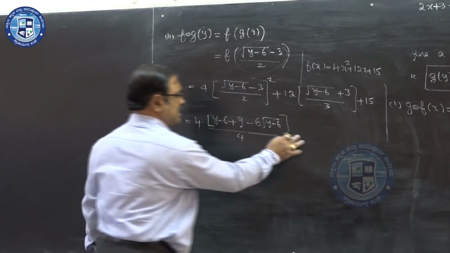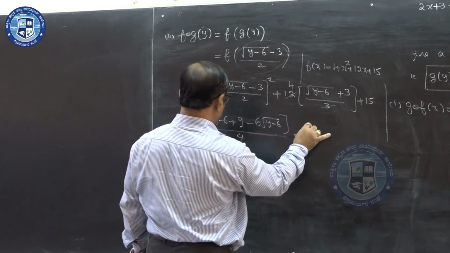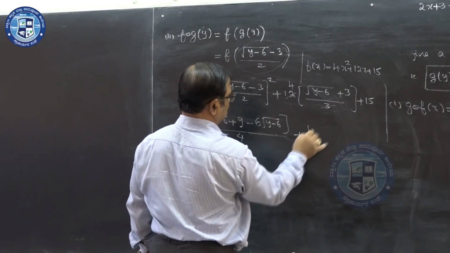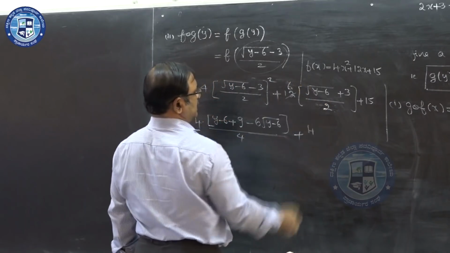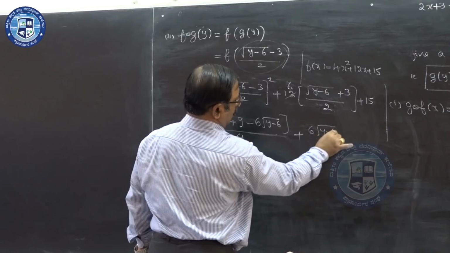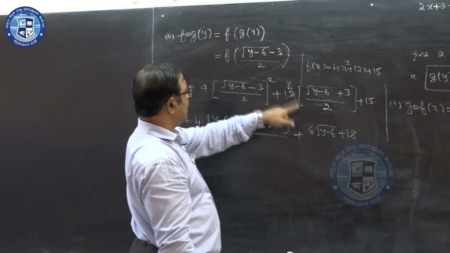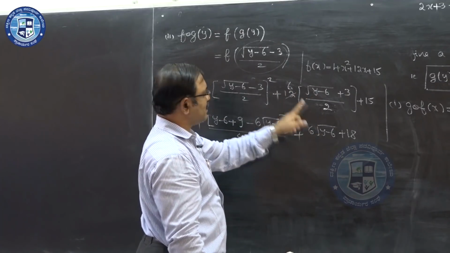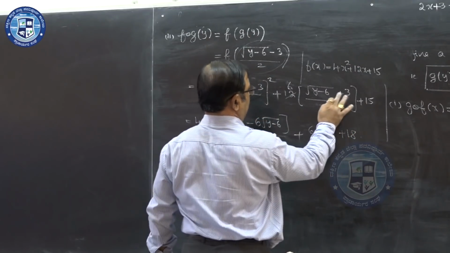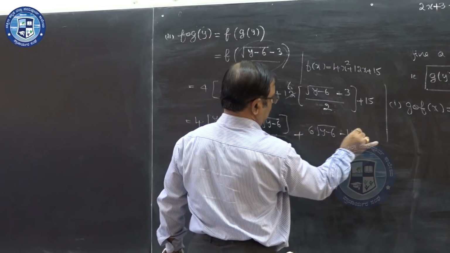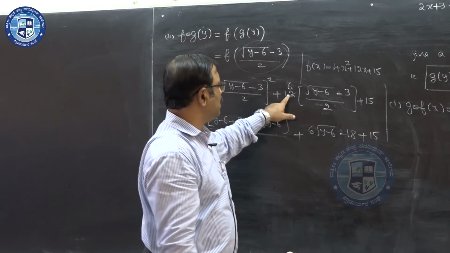Then 4 into 12 by 2, that is 6 into root y minus 6, plus 18. See, 2 sixes are 12, 6 into root y minus 6, 6 into 3. Then plus 15.